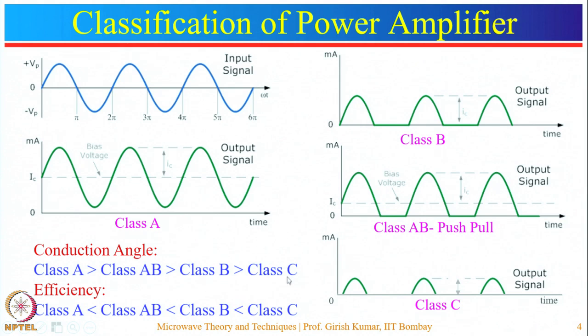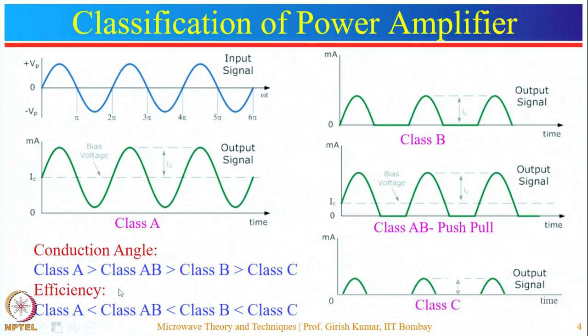Now, if I compare these amplifiers in terms of conduction angle and efficiency, the conduction angle is maximum for the class A amplifier and it is minimum for the class C amplifier. For the class A amplifier it is around 360 degrees, and for class C it is of the order of 10 degrees or 20 degrees depending upon the situation, how high the pulse or for how much duration you are interested in the pulse that is to be generated by the class C amplifier.